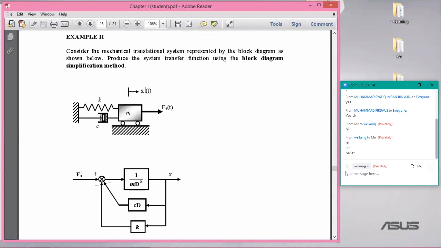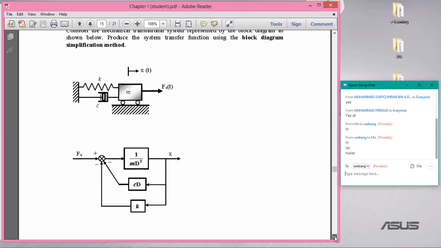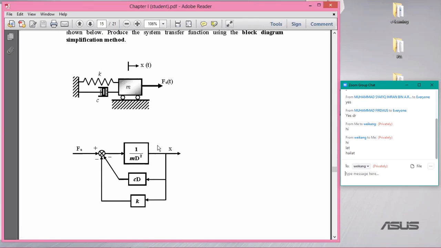Consider this translational mechanical system. When we develop the block diagram, we get something like this. And then we want to simplify this block diagram into a single block using all the block diagram algebra.